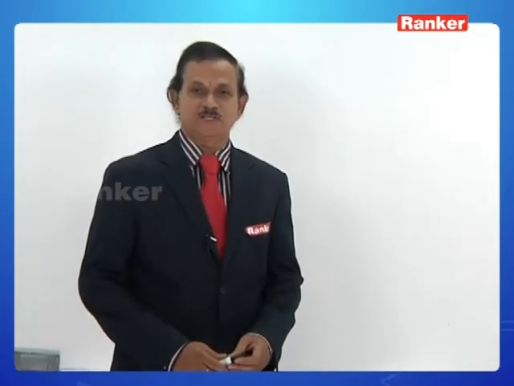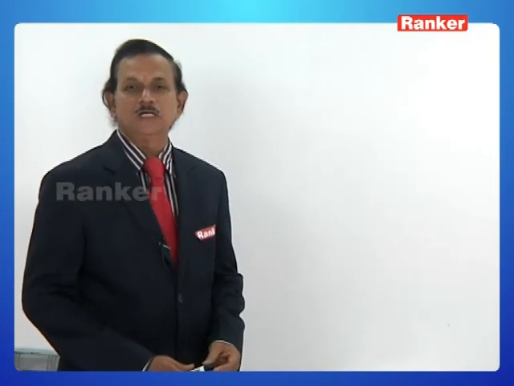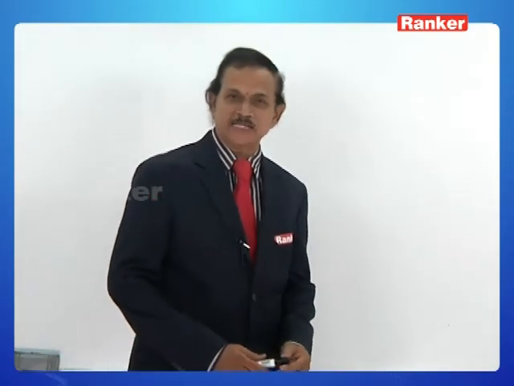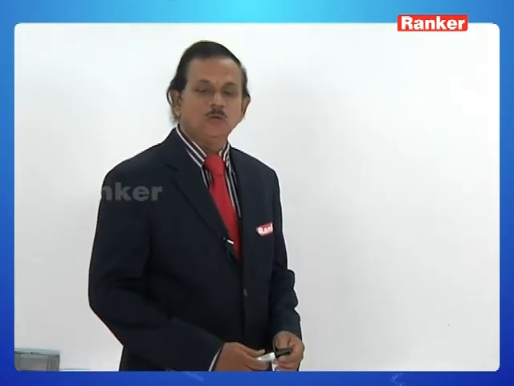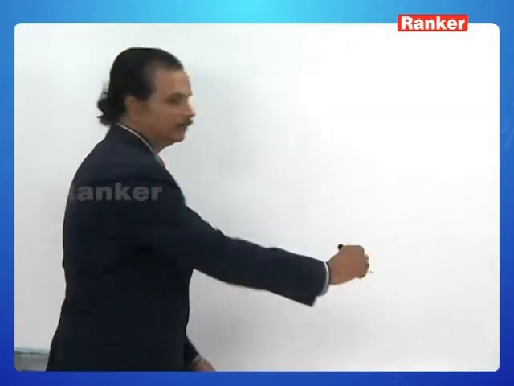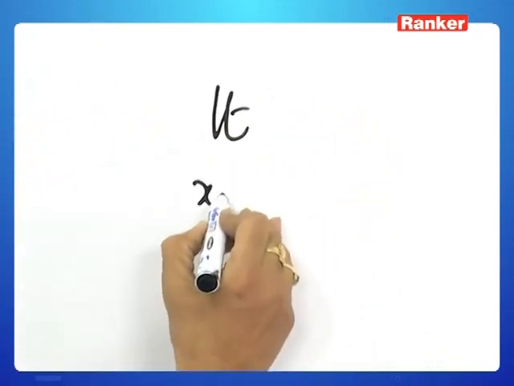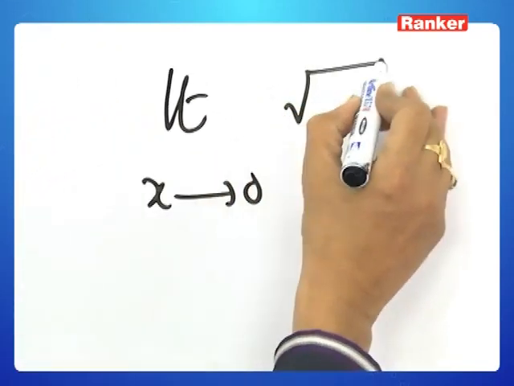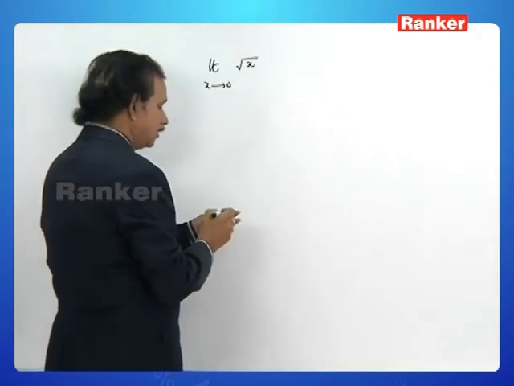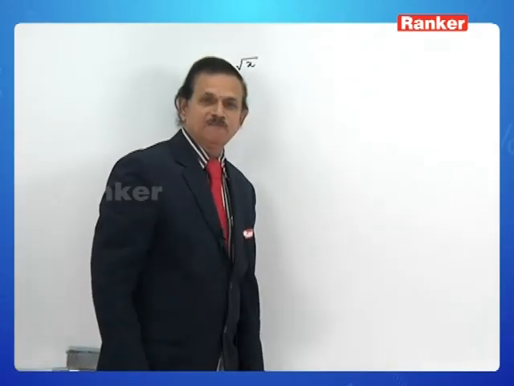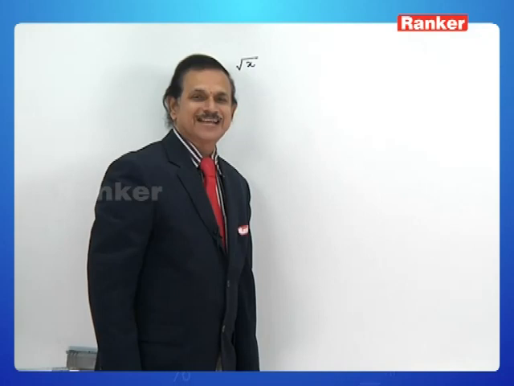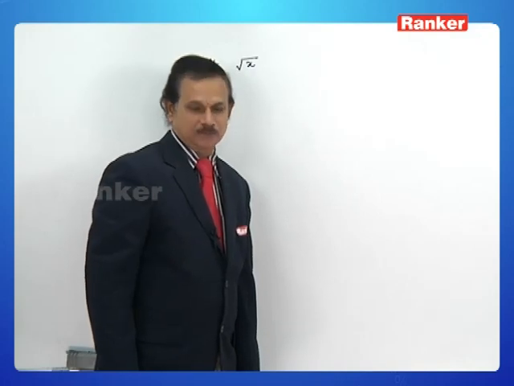Before going to deal with different kinds of limits, let us first observe some cases of functions for which limits do not exist. As an example, a very simple function: limit as x tends to 0 of root x.